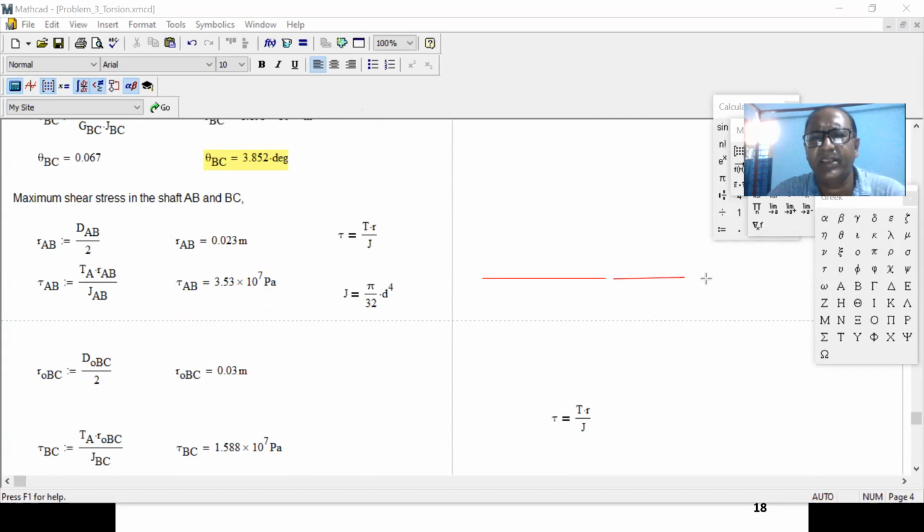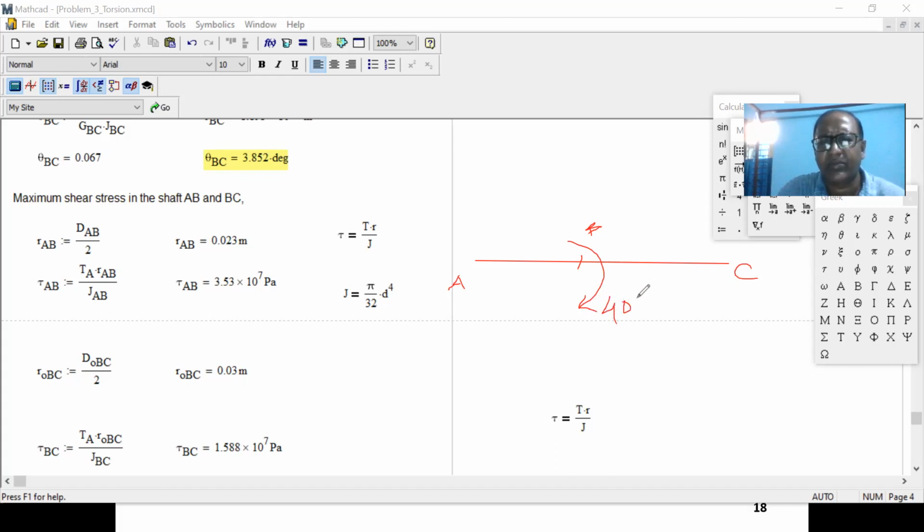Okay. This 4000 is external torque. That means it is already applied externally, so that one you cannot move. This is shaft AB. This is BC. B is the common point, right? This is point A, this is point B, and this is point C. And right over here, we have the 4000 Newton meter.